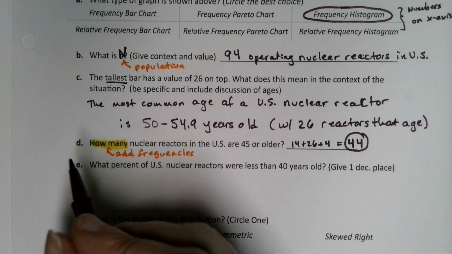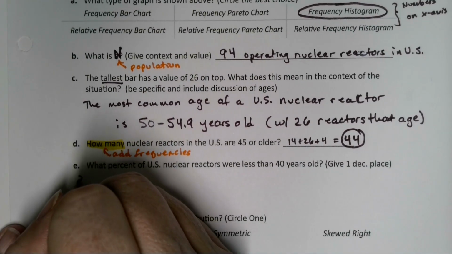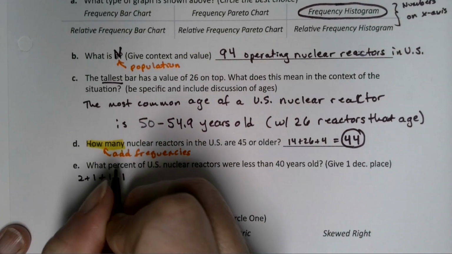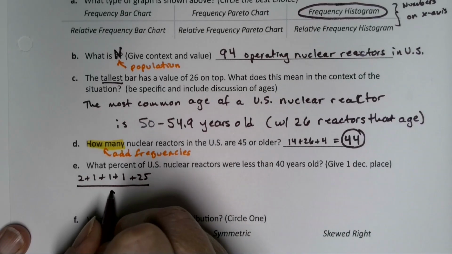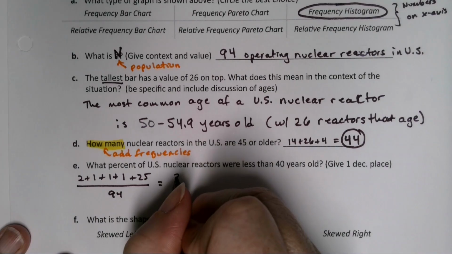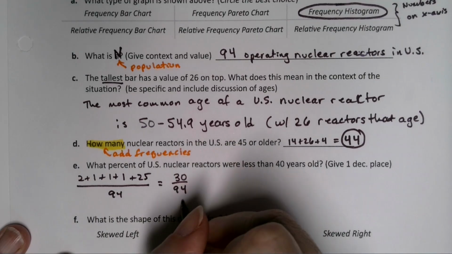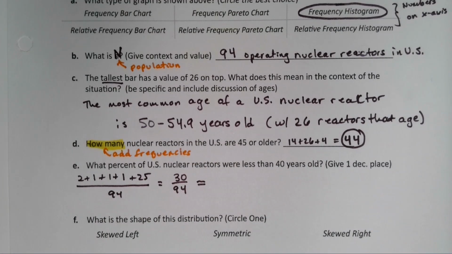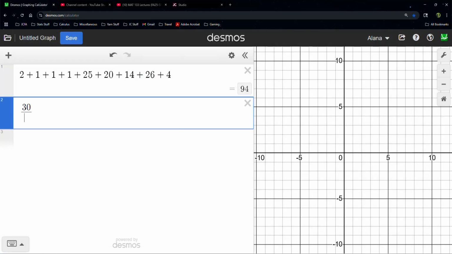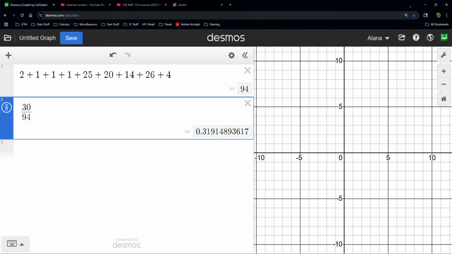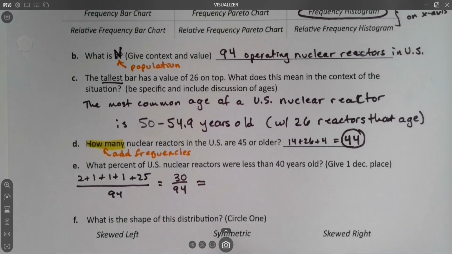Okay, so we want to add all those up. So 2 plus 1 plus 1 plus 1 plus 25, all divided by the total of 94. So that's 30 divided by 94. That's the fraction. Now we're going to get a decimal for it, and we get 0.31914, or 0.319.